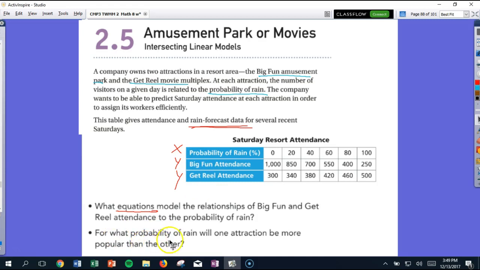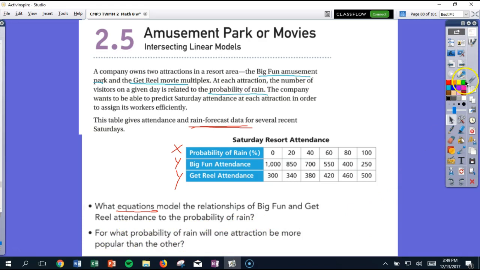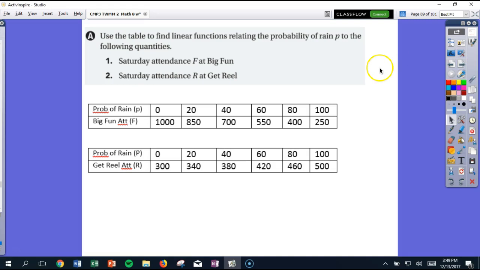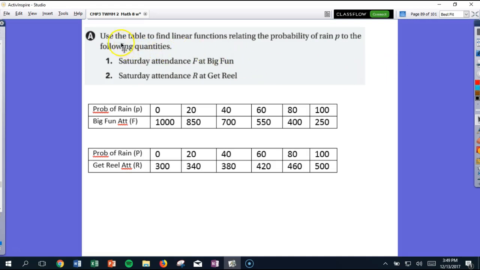It also asks for what probability of rain one attraction will be more popular than the other. This is where we're going to wind up using our inequalities, greater than and less than, to completely answer that question. So in problem A, use the table to find linear functions, or come up with the equations, relating the probability of rain P to the following quantities.